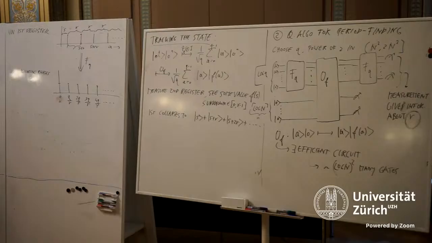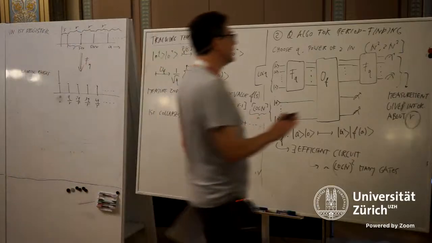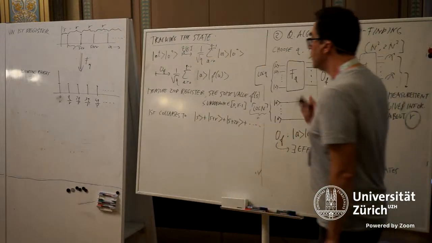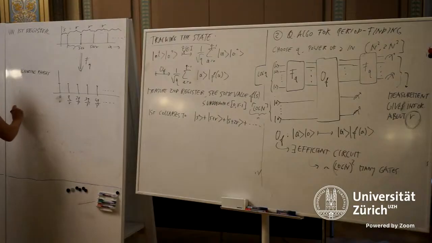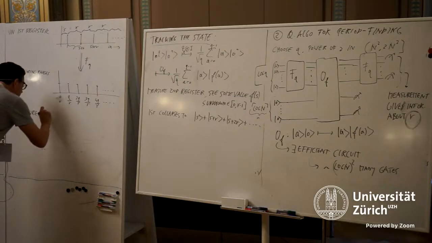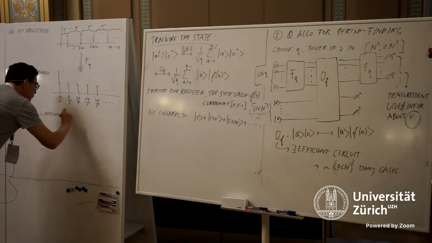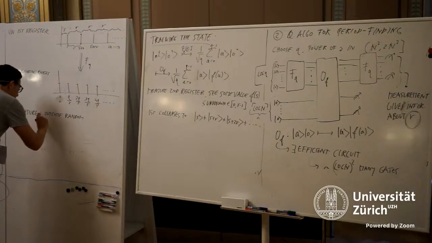So now we measure this, right? We're now at the end of the circuit. We're going to measure the first register. And what do we get? The outcome of the measurement is going to be a random multiple of Q over r.